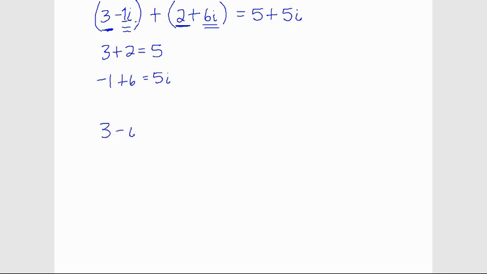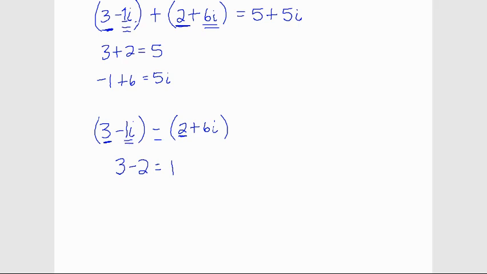Let's take a look at the same two numbers, 3 minus i minus 2 plus 6i. And the same rule holds. We can combine like terms. We just have to be careful with negatives. So we've got 3 minus 2. So combine the real parts. That is 1. And then remember, this is a minus 1i.